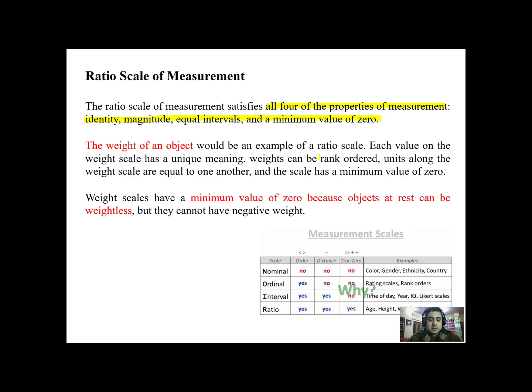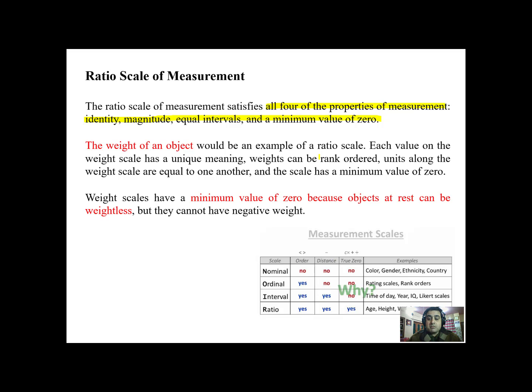It has magnitude, which may be 0.1 centimeter, 1 centimeter. It has equal intervals, like 2 centimeter is followed by 3 centimeter, followed by 4 centimeter, each having an interval of 1. And it started with the minimum value of 0. That is, height was 0, then when the seed germinated, it attained a height starting from 0.